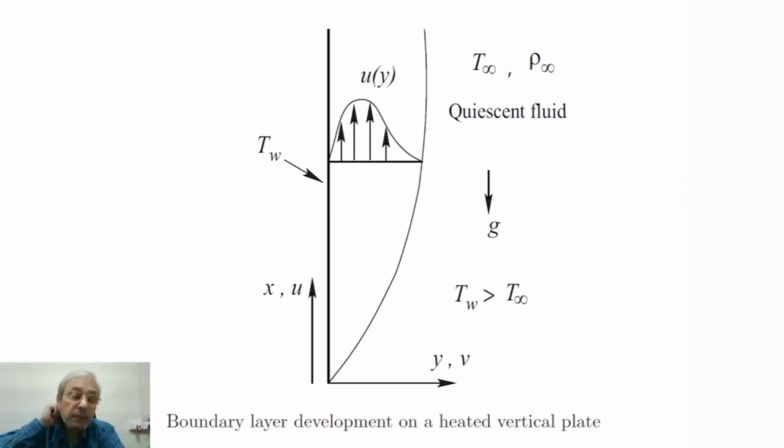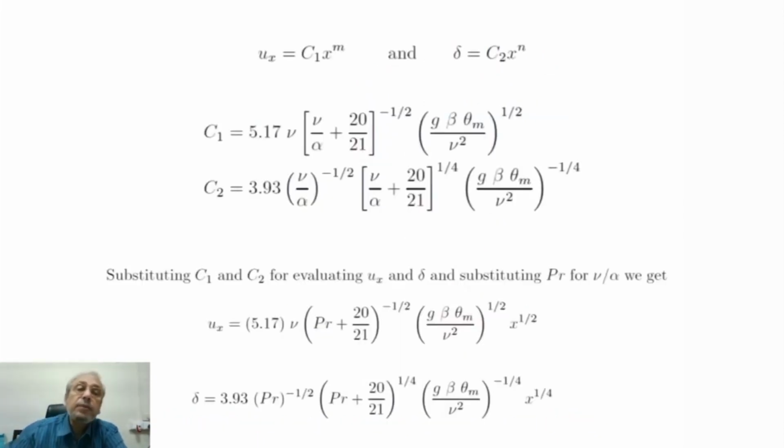So we have looked into the derivation of the equations, and finally reached the position that ux, the characteristic velocity in the boundary layer, is given by c1 x to the power m, and the growth of the boundary layer is given by c2 x to the power n.